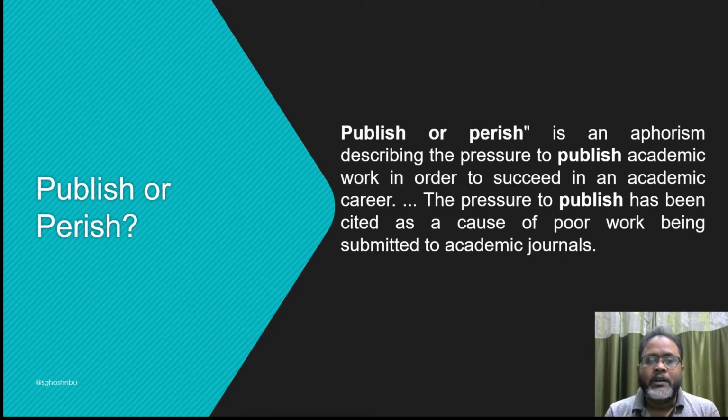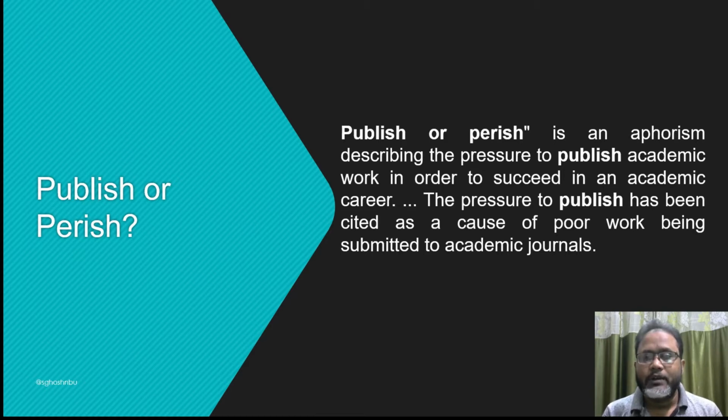And publish them. Now, publish or perish has two different aspects: one is positive and the second is negative. If you do not publish, no one will understand how you are developing and how you are contributing to the knowledge domain.